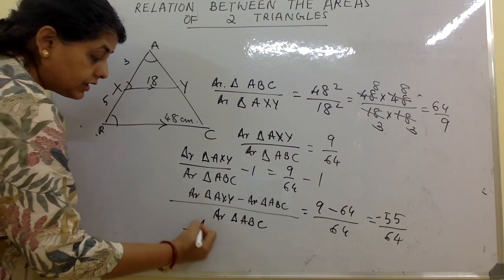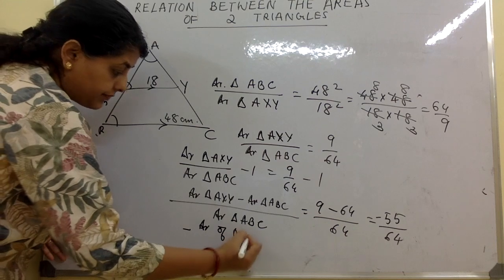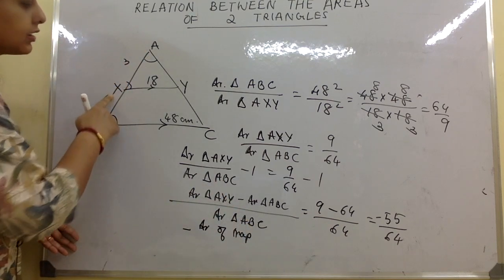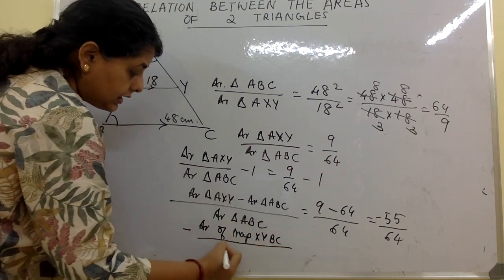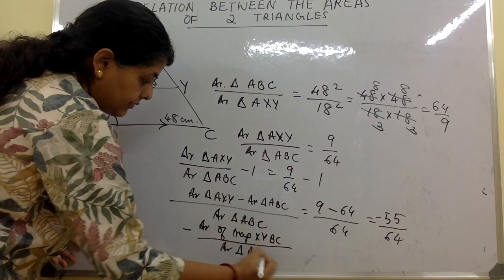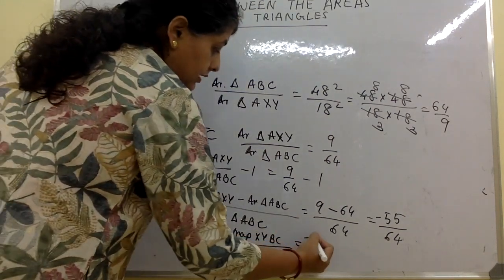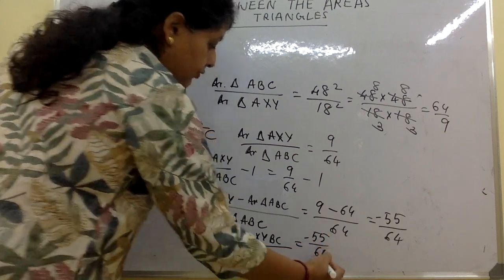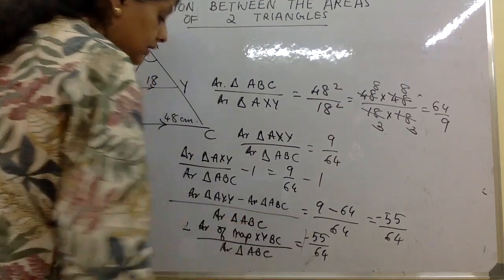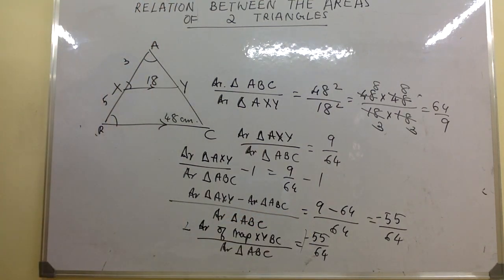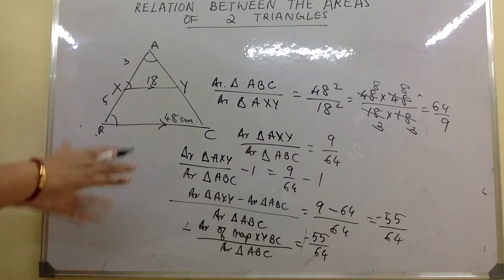So negative area of trapezium XYBC by area of triangle ABC is equal to minus 55 by 64. Now I think I can cancel the minus from both sides. So I get the ratio between the area of the trapezium to the area of the triangle as 55:64.